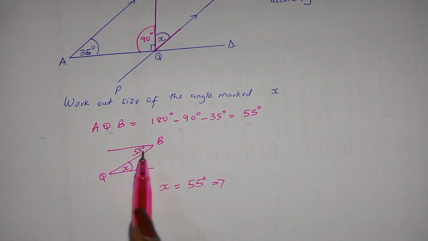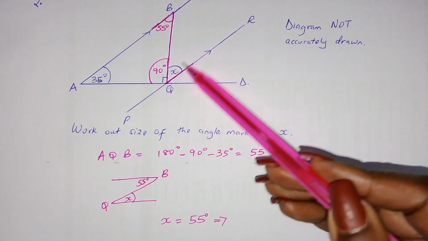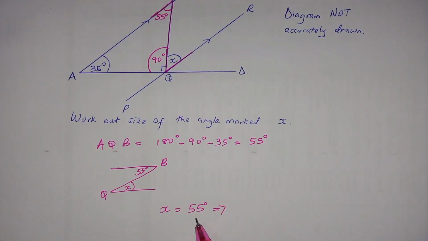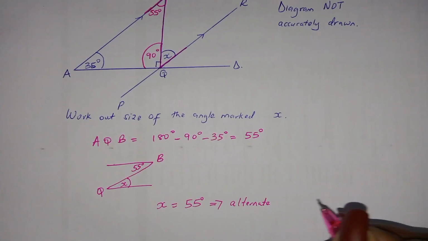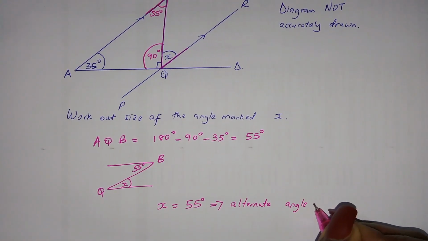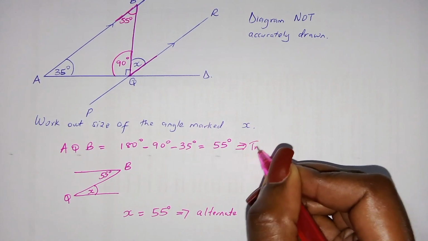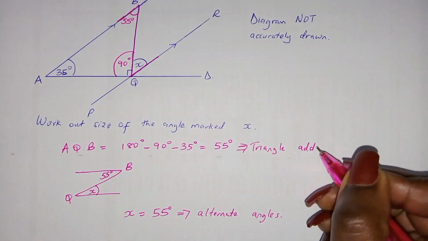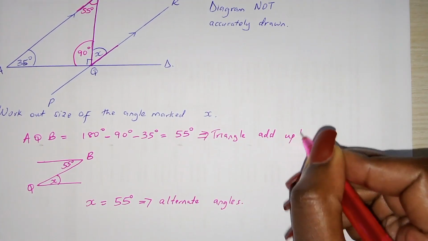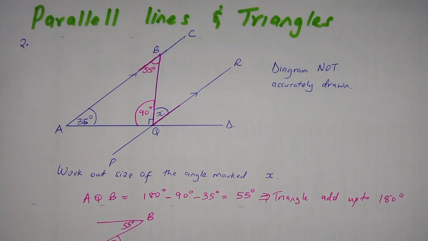Sorry. So this is Z, which is Z over here. So this would be alternate angles are equal. Then this one is a triangle. Angles in a triangle add up to 180 degrees. So that's number 2.